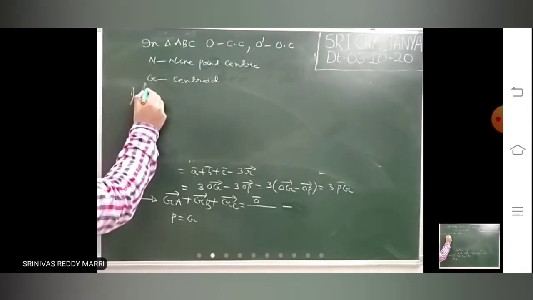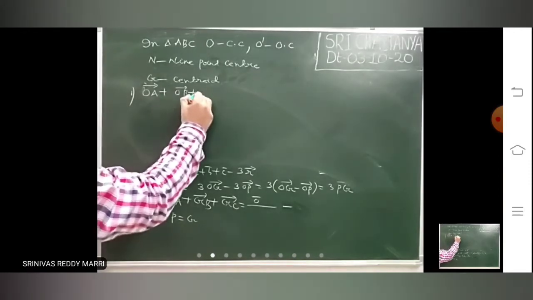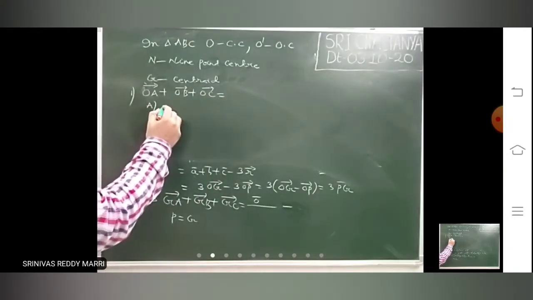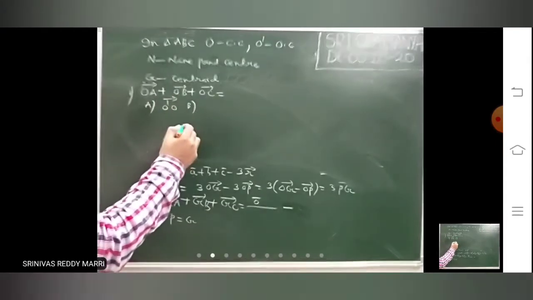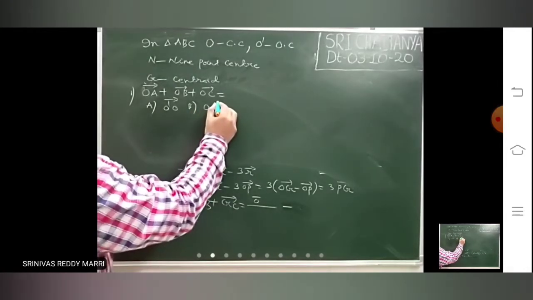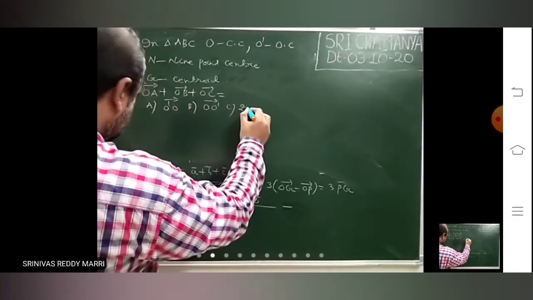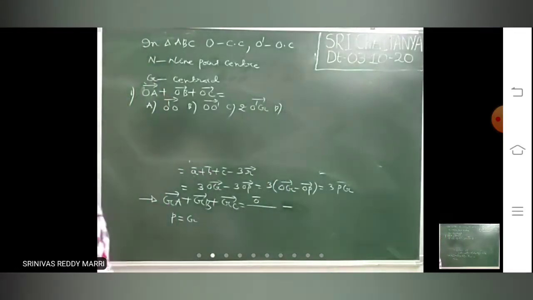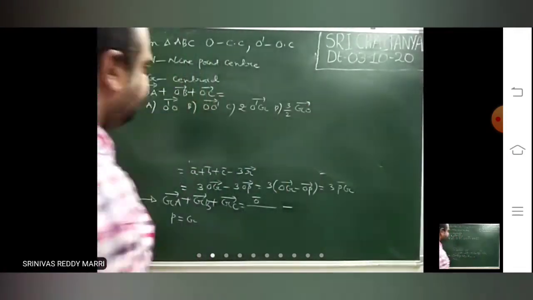Number 1: OA bar plus OB bar plus OC bar equals, with options A: O dash O bar, B: O dash bar C, C: O dash G bar, D: 3/2 GO bar.